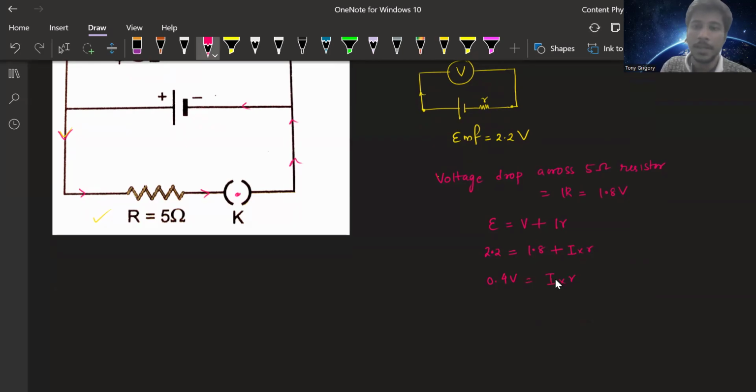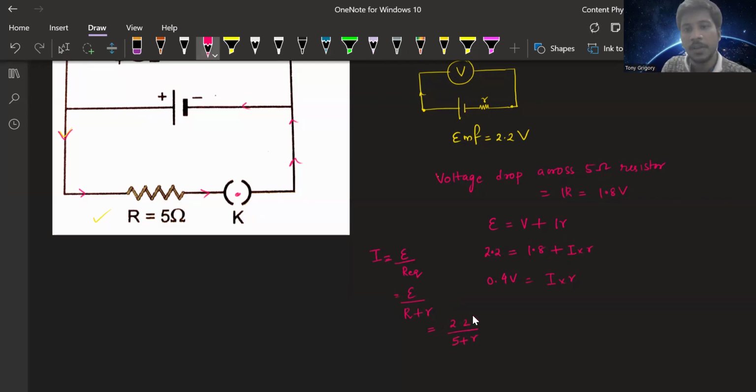How do you find the current I? Current I can be found using this equation: I is equal to the EMF upon the equivalent resistance of the circuit. The equivalent resistance is the external resistance plus the internal resistance, since both are in series here. Now this EMF value is 2.2 divided by the equivalent resistance, which in this case is 5 plus internal resistance.